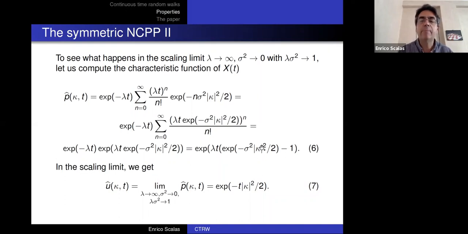absolute value of kappa square divided by 2, which means that if you do this limit with this scaling, because then you have lambda multiplied by sigma square converging to 1, this lambda sigma square goes to 1, and you're left with the exponential of minus value of kappa divided by 2. Number 7 is a characteristic function in itself.